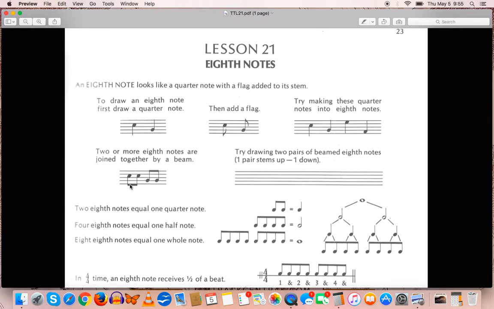Two eighth notes are in one beat. So this bar joining the two makes it easier to see where the beat divisions are. Okay, so here's a little practice staff right here. Just go through and try drawing two pairs of beamed eighth notes. One pair with stems up, one pair with stems down. All right.